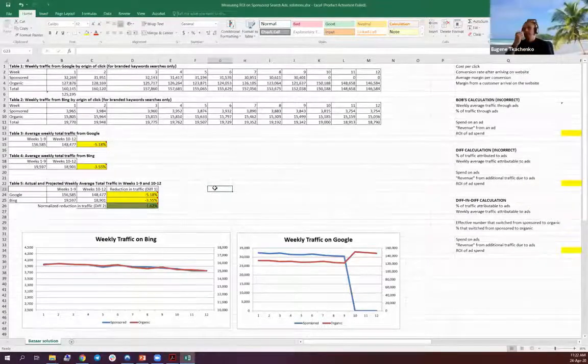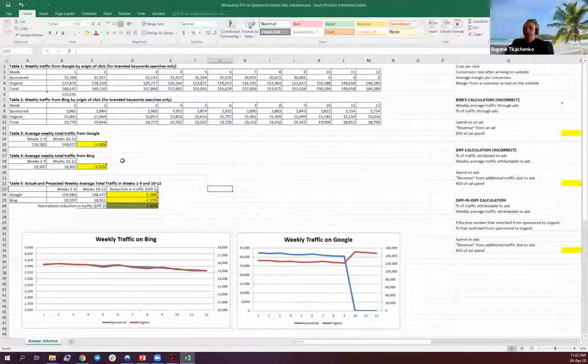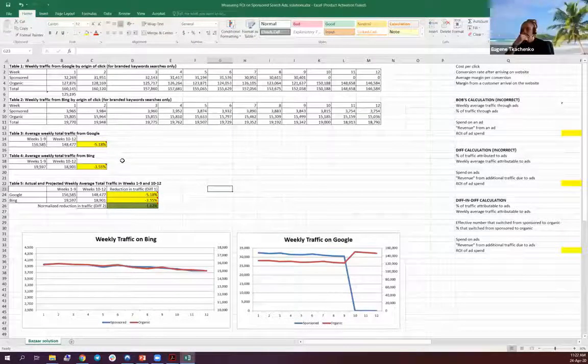One reason our traffic was decreasing for both Bing and Google was the introduction of new competitors on the market. Therefore, the bidding became more troublesome, or maybe there were changes in ad spend.